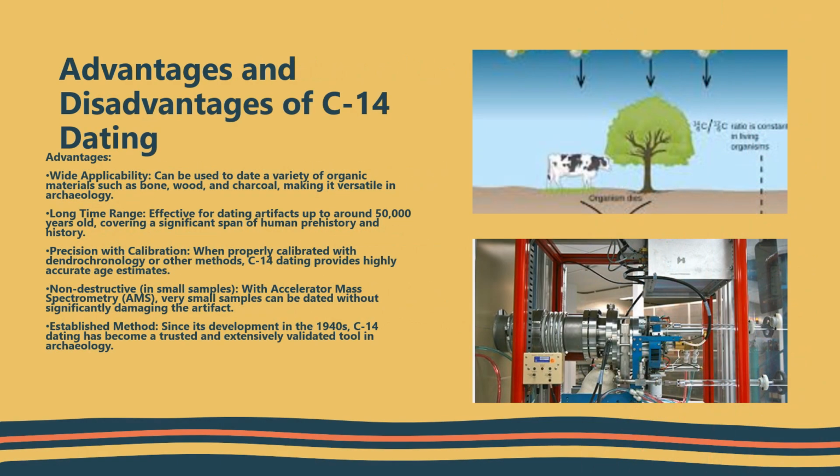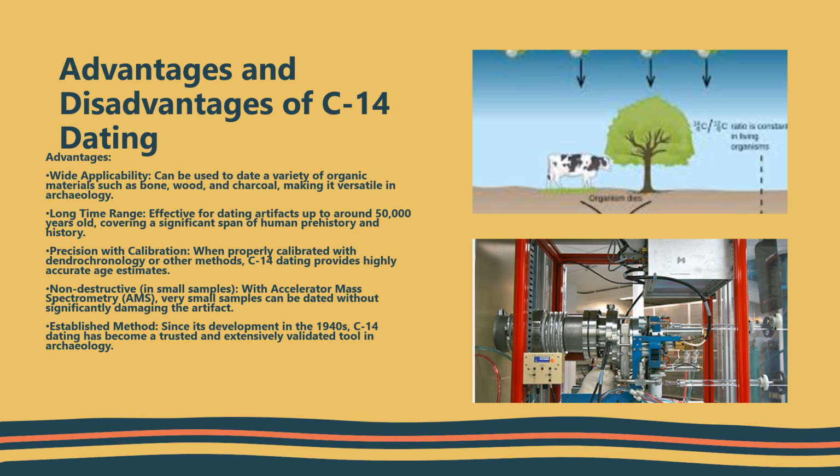Now, there are some advantages and disadvantages of C-14 dating. Let's look at the pros and cons of using C-14 dating in archaeology. Advantages include its wide application to date organic materials like wood, bones, and seeds.